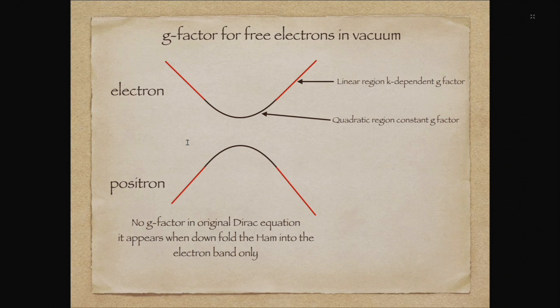Then we solid state physicists are only interested in the upper band of the electron band near the gamma point, let's say, near k equal to 0.